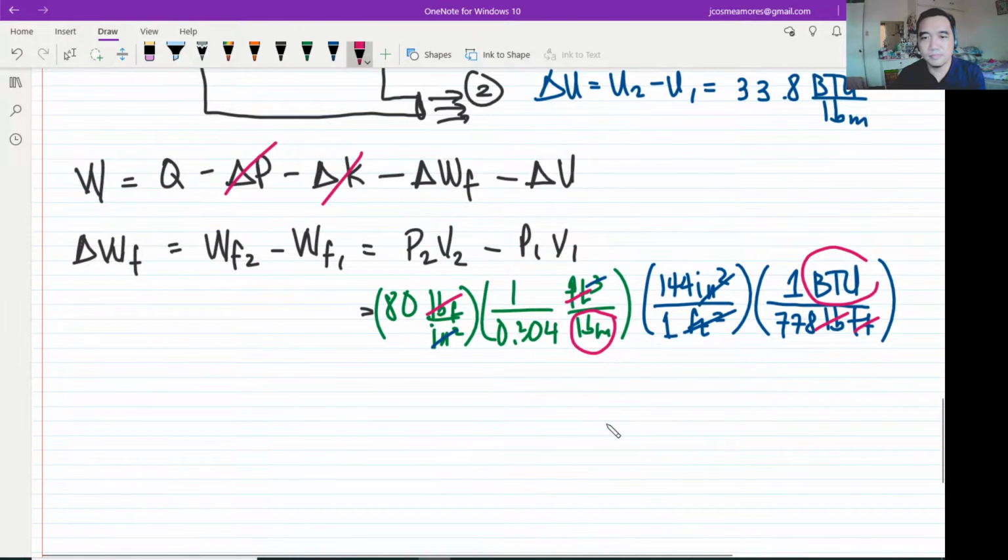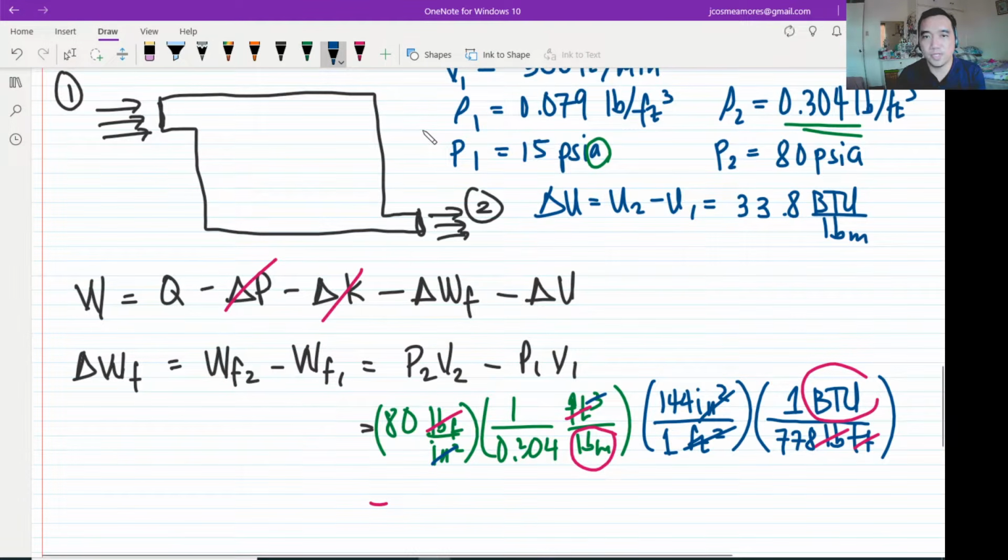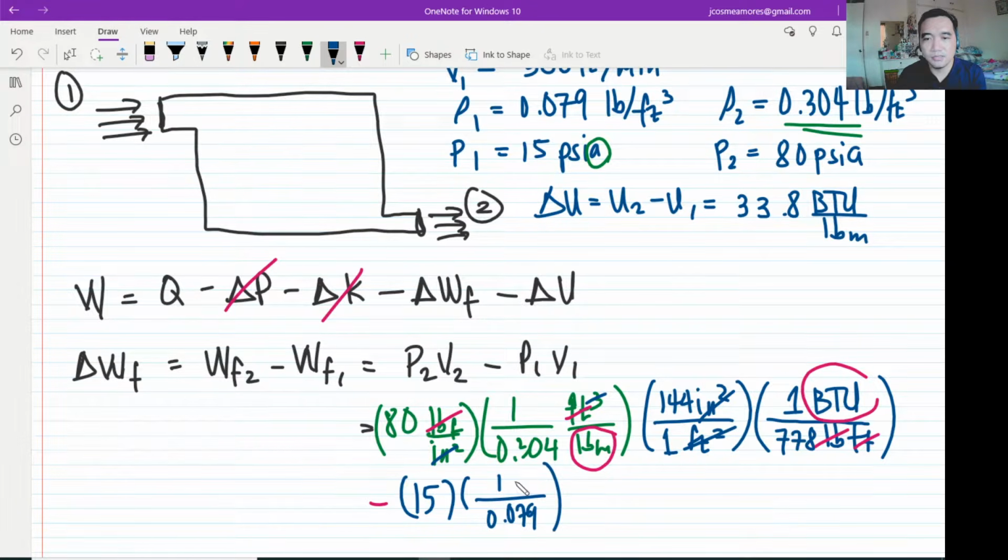Okay? So we will subtract that with the pressure 1 times specific volume 1. Pressure 1 is equal to 15, so I will not write the unit anymore. Then 1 over 0.079, because I have explained the cancellation of units in P sub 2 V sub 2. Then we will multiply 144 over 778. Okay?